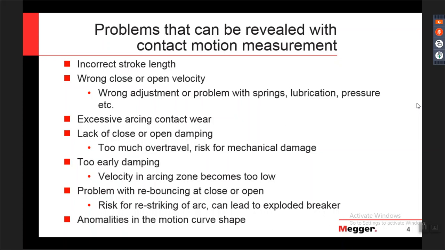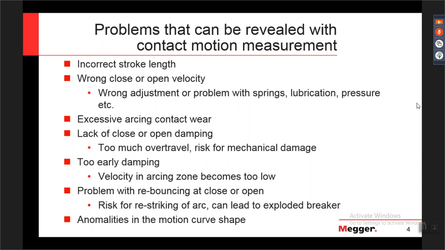Another thing is too early damping, which will cause the velocity in the arcing zone to become too low, and then the conditions to extinguish the arc are not according to what the manufacturer specifies.